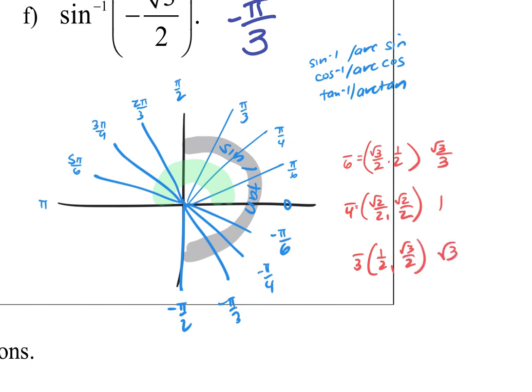So that makes your cosine the first ones. It makes your sine the second ones. And it makes your tangents the ones we wrote at the end. And then all you have to worry about is the positive and negative signs as you move through.